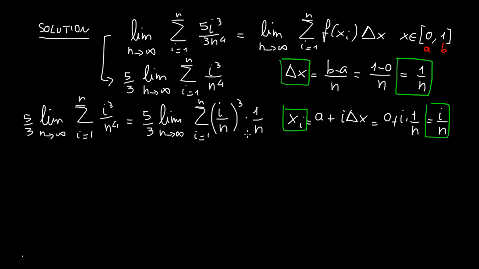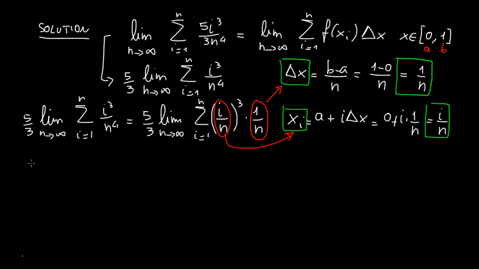See, the argument of the sum is still i cubed divided by n fourth. Alright, but 1 over n here is delta x, and i over n is xi.